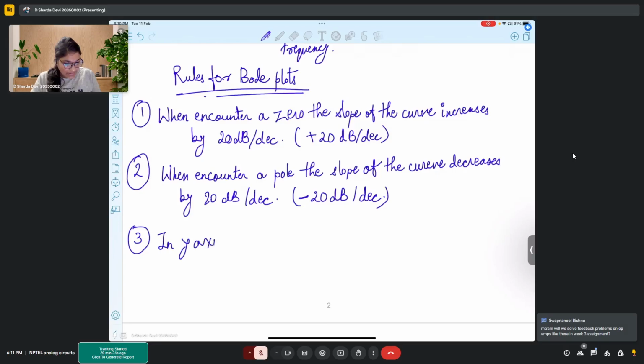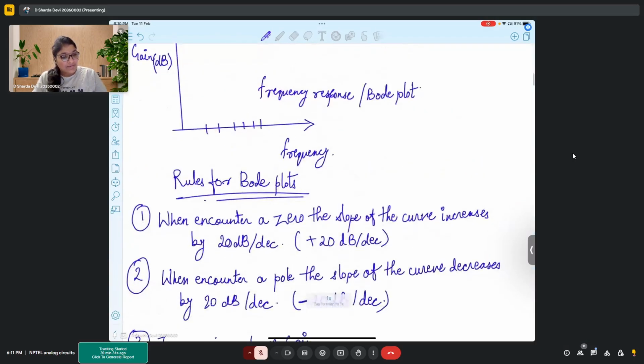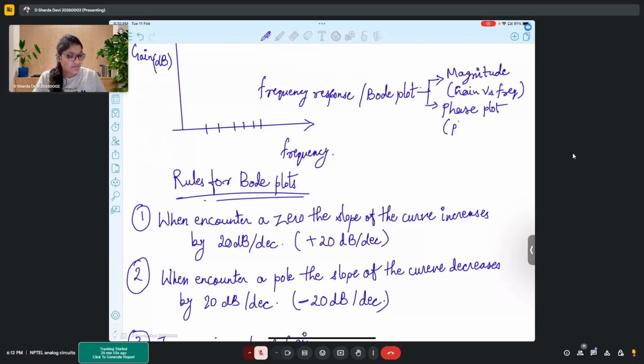In the y-axis, we have gain. All right. And when you talk about frequency responses or Bode plots, there are two types of plots. One is the magnitude plot, which is gain versus frequency, right? Another is the phase plot, which is phase versus frequency, right?